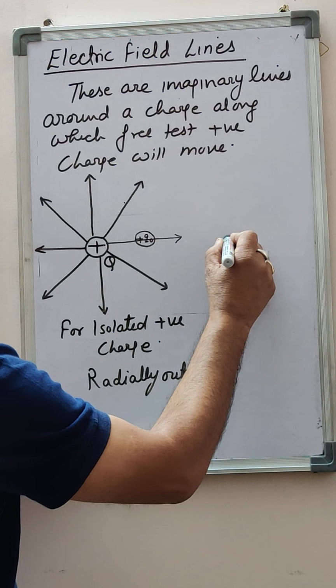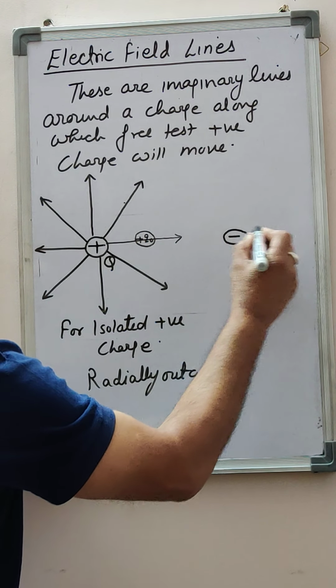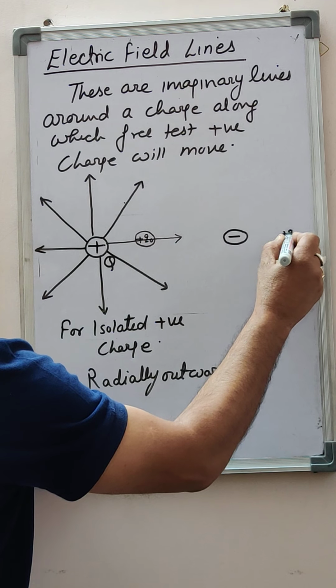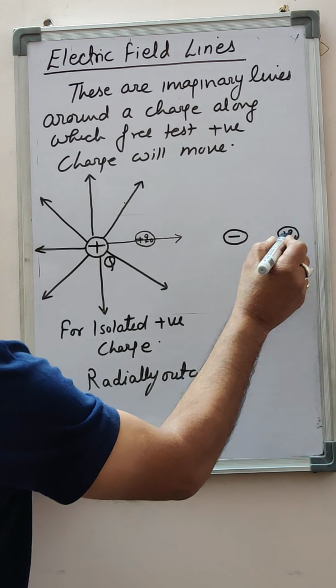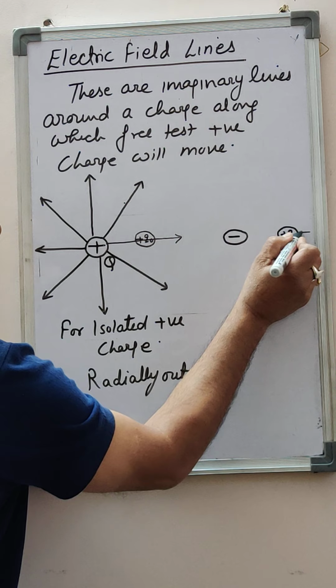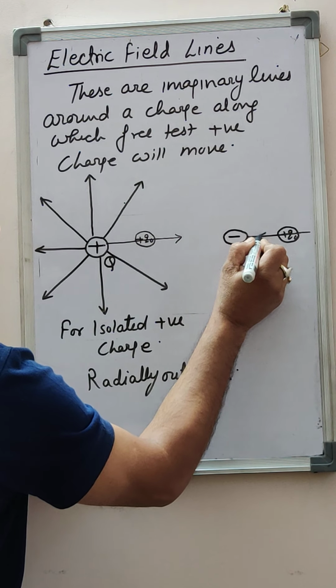If you have negative charge, then free positive charge will have a tendency to move along this direction.